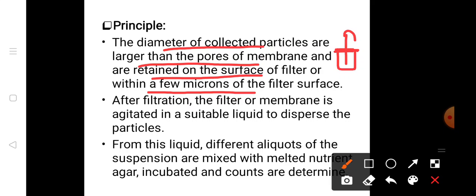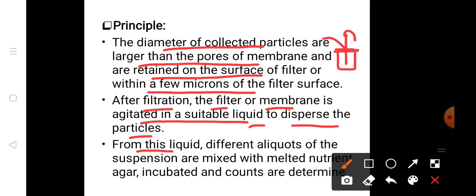After the filtration, the filter or membrane is agitated with a suitable liquid. Now we have to take out this filter and agitate it in the suitable liquid to disperse the particles, whatever microorganisms or particles are entrapped in this filter.